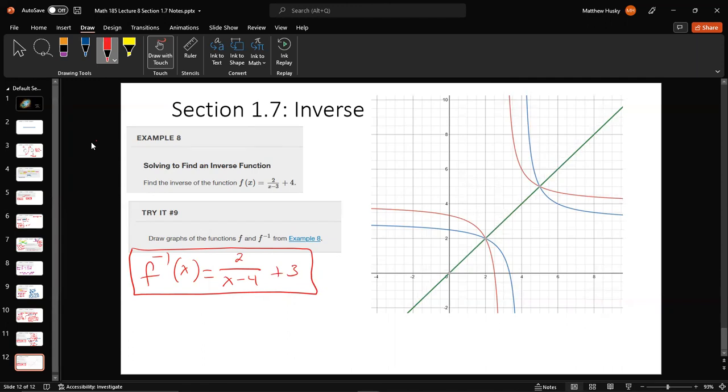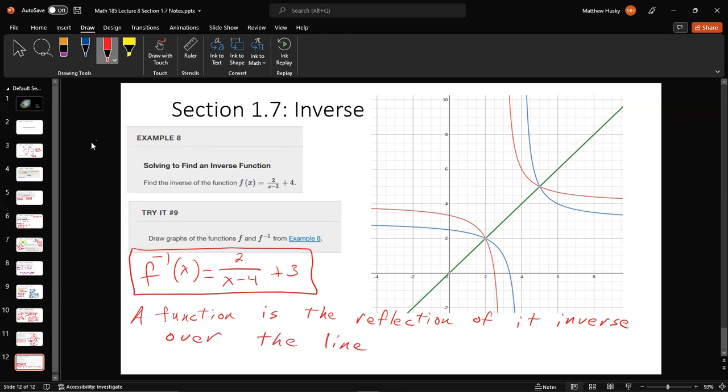A function is the reflection of its inverse over the line y equals x.